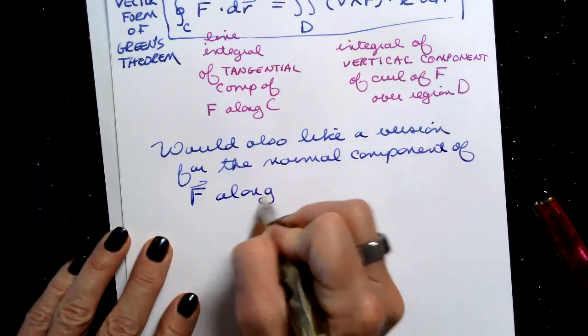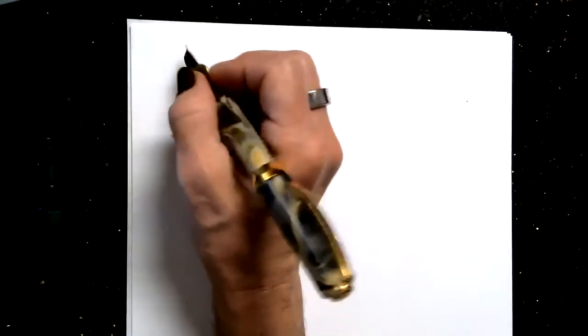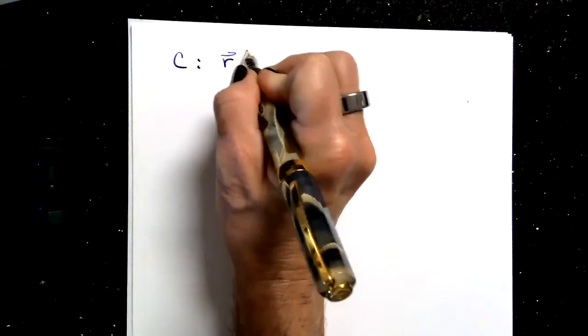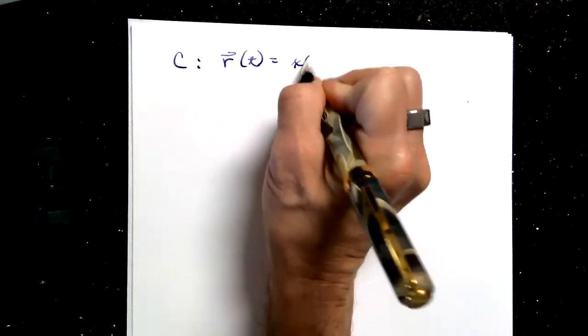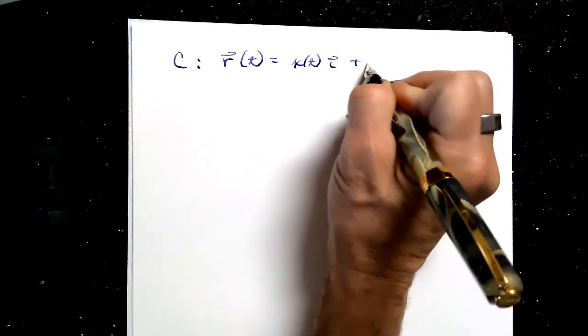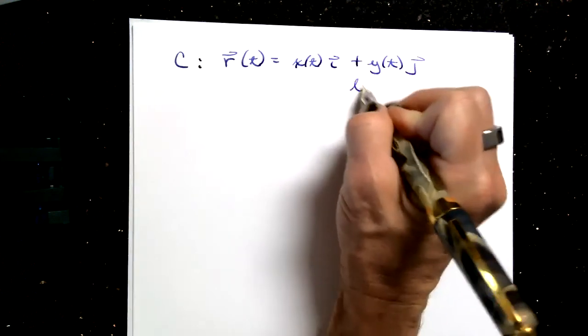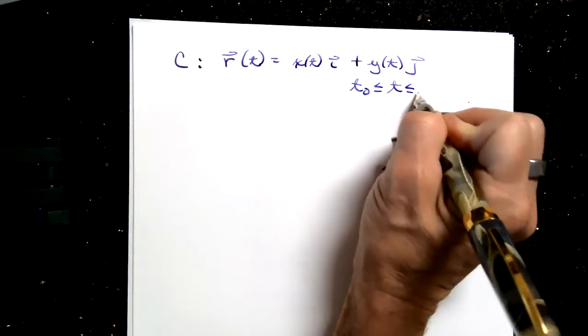All right, so let's see what we can do about that. Okay, so we know our curve C is parametrized by x(t) i plus y(t) j, for t between t0 and t1.